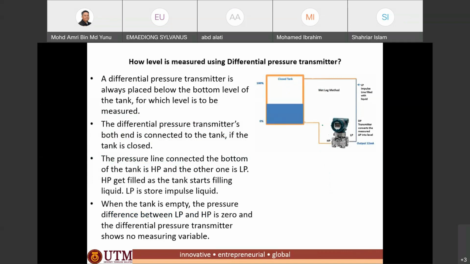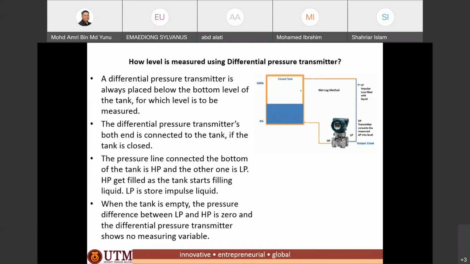So this is the representation: the pressure of the liquid or the material at the bottom will be measured by one part of the differential pressure transmitter, and then the other part of the pressure transmitter will measure the top.